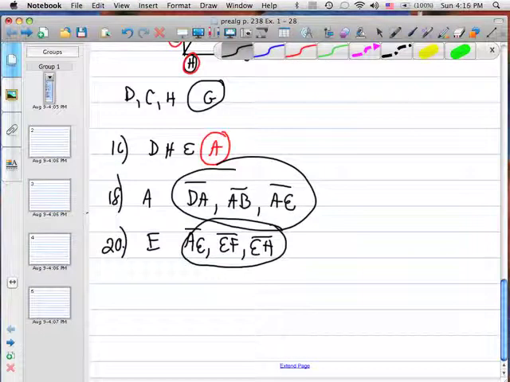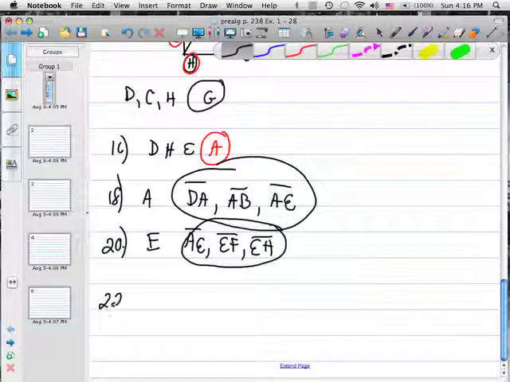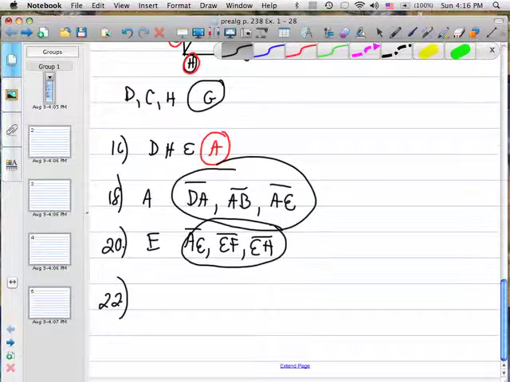Problems 21 and 22. First answer each question by picturing the geometric figure in your mind, then check your mental picture by drawing it and see if you're correct. So number 22, what are the sides of angle SYQ? Okay, I'm picturing it and I'm going to draw it.